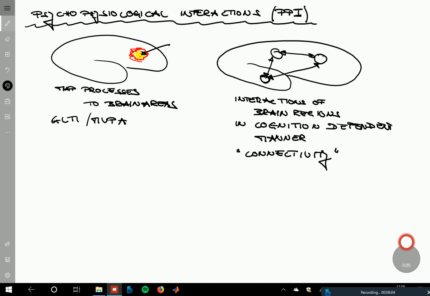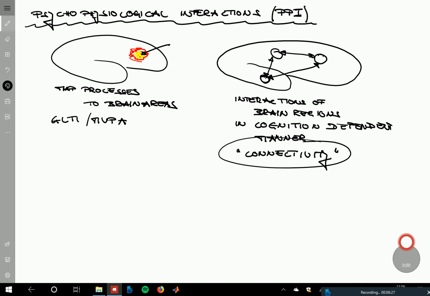This is also a little bit annoying in GLM or MVPA papers that try to make too much of a point from what they actually analyze. In any case, there are analysis methods to look at how brain regions interact.